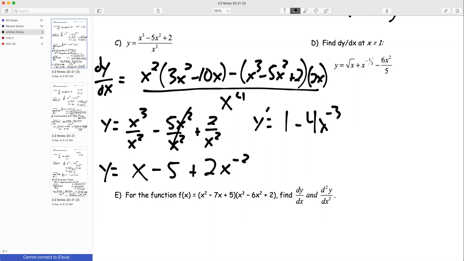Next one. Find dy dx at x is equal to 1. Let me rewrite this first. How do I write the square root of x? Maybe with an exponent? X to the 1/2. And then I've got plus x to the negative 1/3. And then I'm going to pull that out, minus 6/5 x squared. Now I'm going to take the derivative and then plug in 1. So what's the derivative of x to the 1/2?